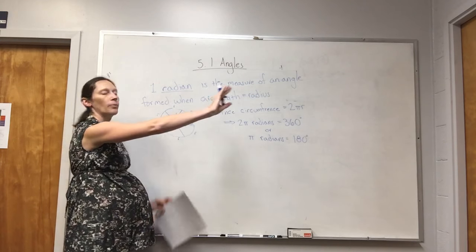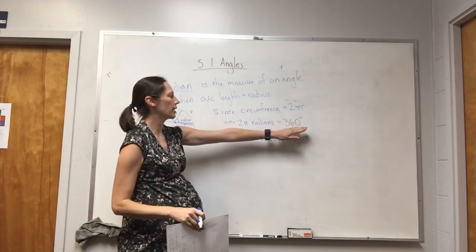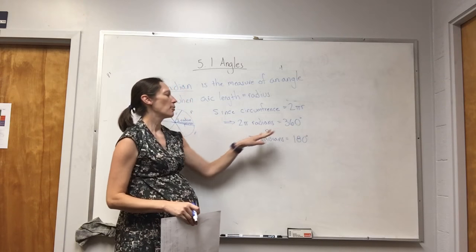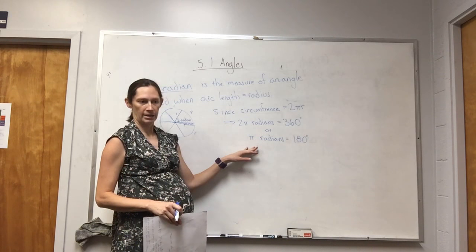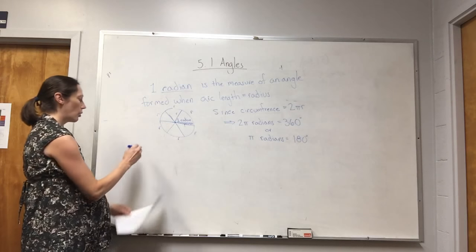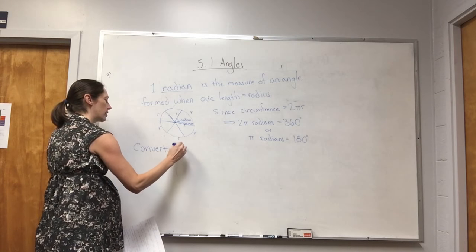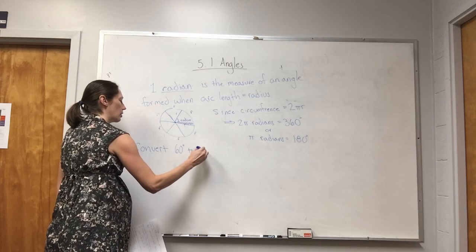Okay. So we need to be able to comfortably convert between these two, because you're probably more comfortable right now in the degrees, but we need to transfer that comfort over to radians, because that's what a lot of our computations are going to continue to be in. So let's convert a 60-degree angle to radians.